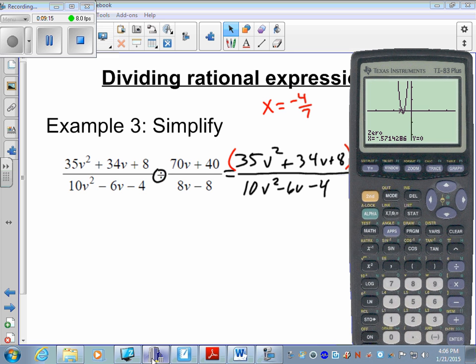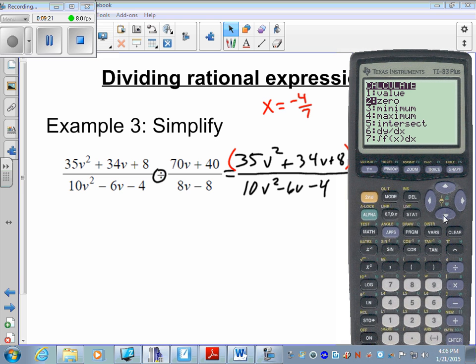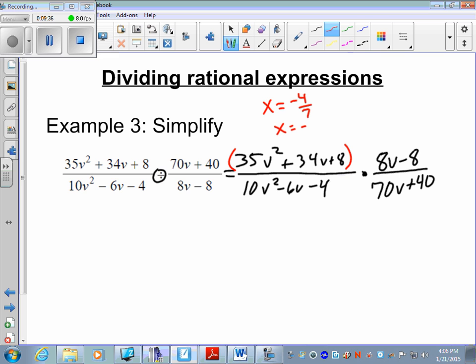The other x-intercept, left bound down below, right bound above, is negative 0.4, which is also negative 2/5. I have to change both of these into factored form. So that's 7x plus 4 and 5x plus 2.